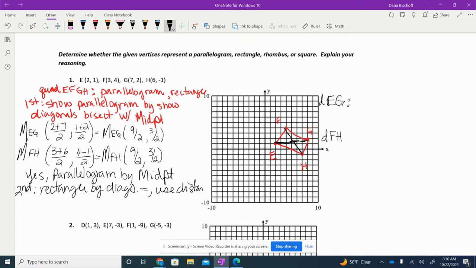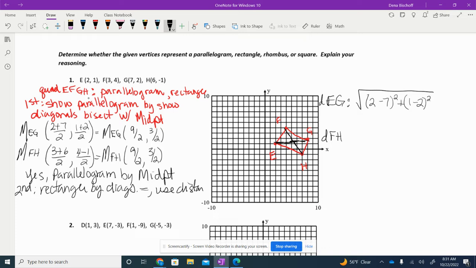For the distance of EG, remember the distance formula: 2 minus 7, the quantity squared, plus the y coordinates, 1 minus 2, the quantity squared.